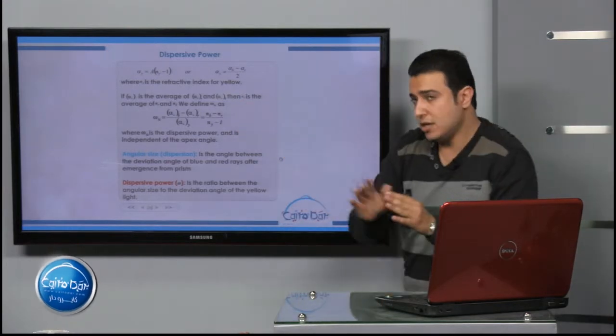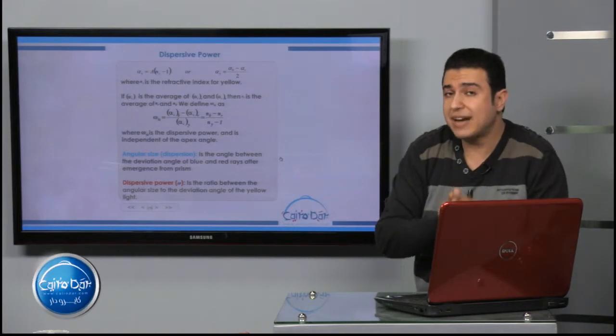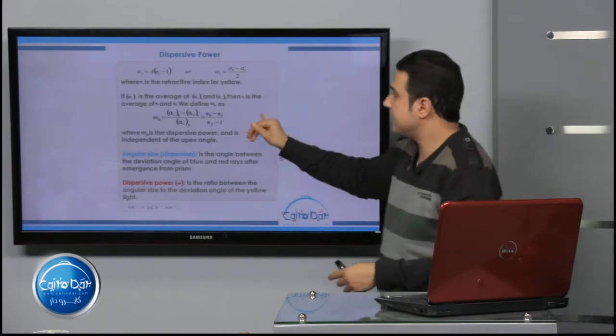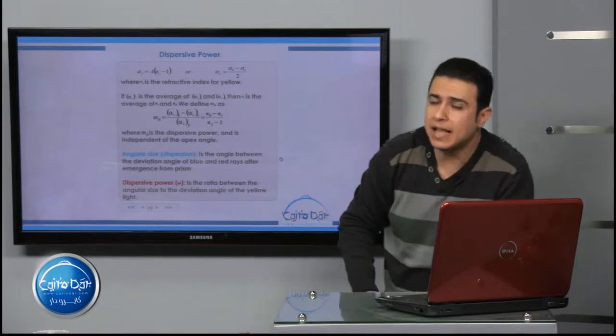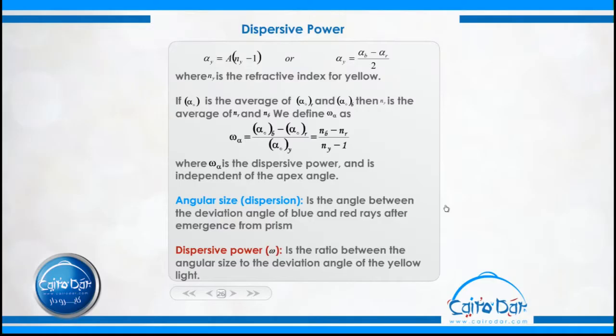Then n y, the refractive index for the yellow, is the average of n red and n blue. So omega alpha, the dispersive power, equals, pay attention, alpha naught blue minus alpha naught red divided by alpha naught for yellow.